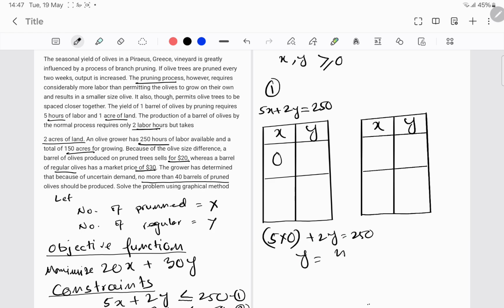Y equal 250 divided by 2, which is 125. So when x is 0, y is 125. Similarly, we will assume y is 0. So if y is 0, x would be 250 divided by 5, which is 50. Okay, let me clean this one.